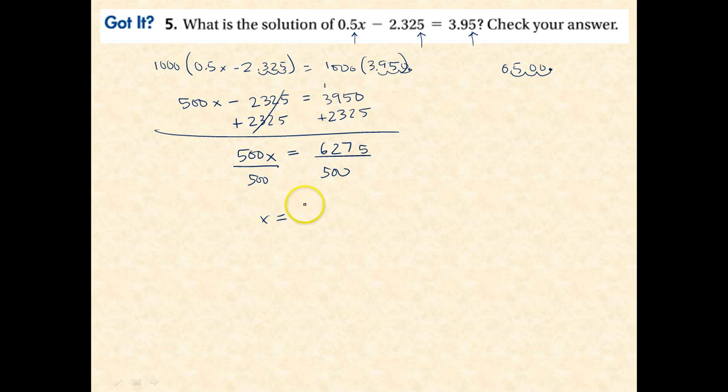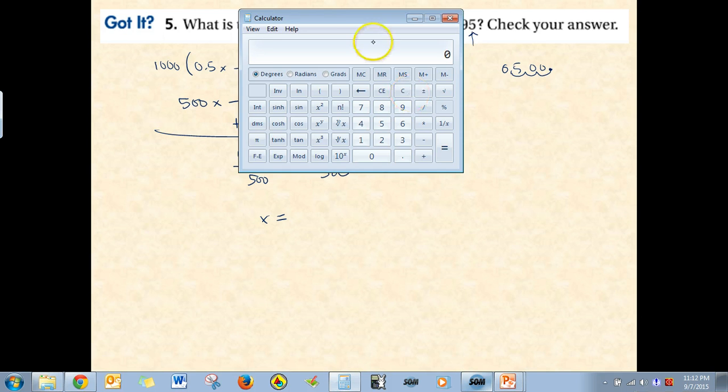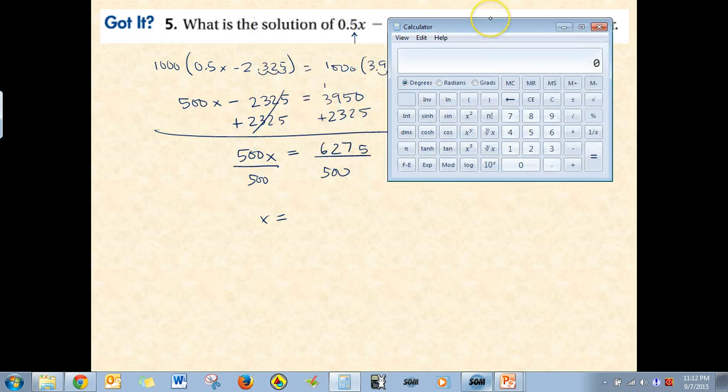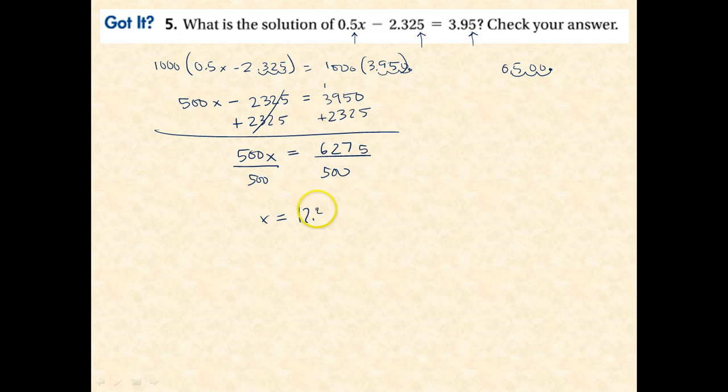And x equals 6,275 divided by 500 is 12.55. Bada boom, bada bing.